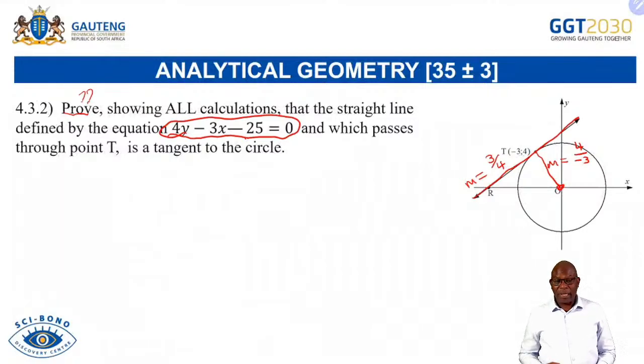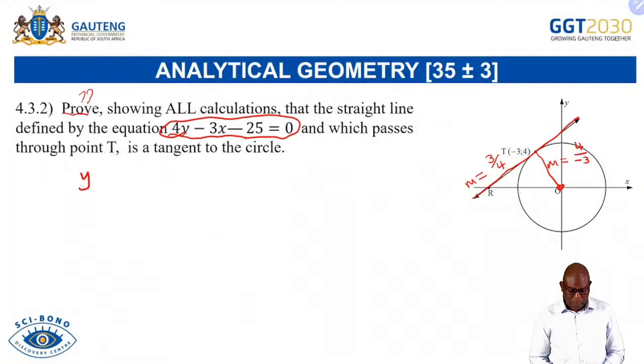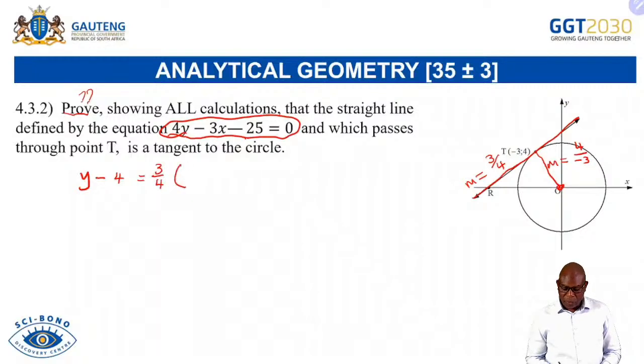Now, how am I going to get the tangent? I'm going to use the other method of getting the tangent, which is y minus y1. So my y1 is 4 equals the gradient, which is 3 over 4. I'm working with the gradient of the tangent. My x value is x there, and then from there we have a plus 3.